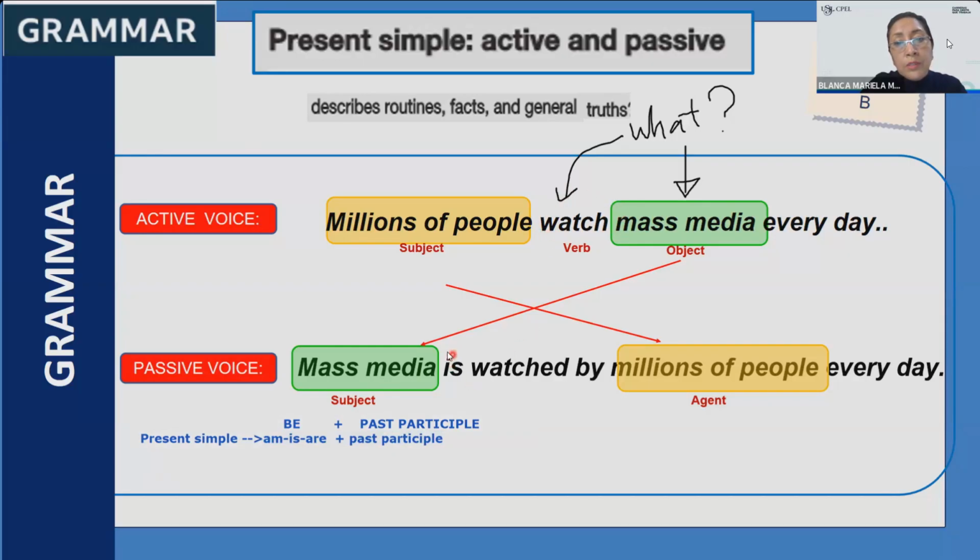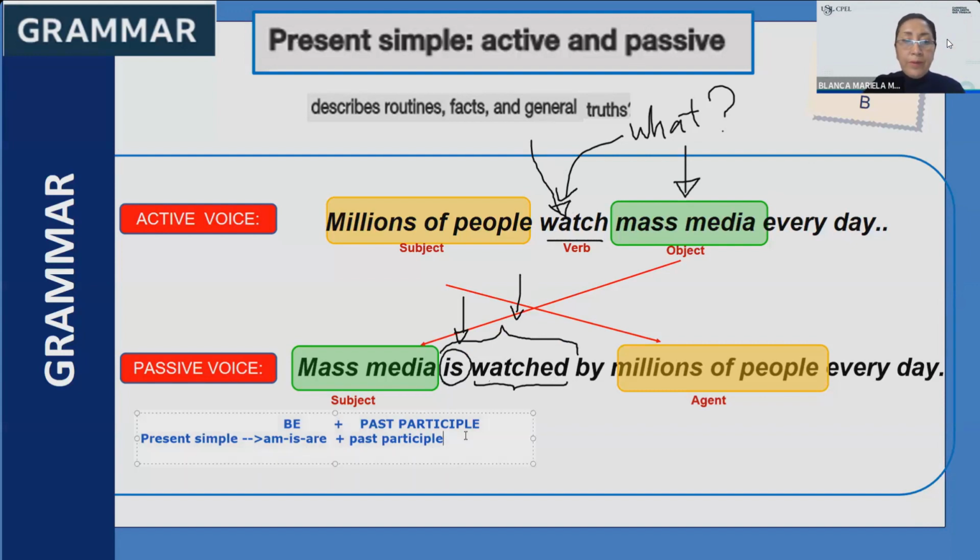So in passive voice, the verb is going to be the verb to be and the past participle. That is why it's tremendously important for you to know what's the tense of the verb. So here present simple, here also present simple. The verb to be present simple and the past participle. All right, so let's continue.